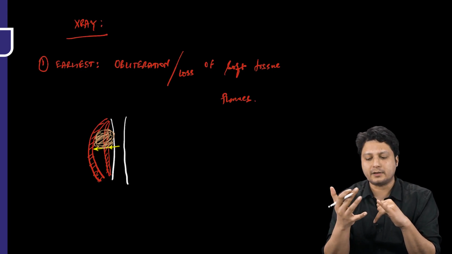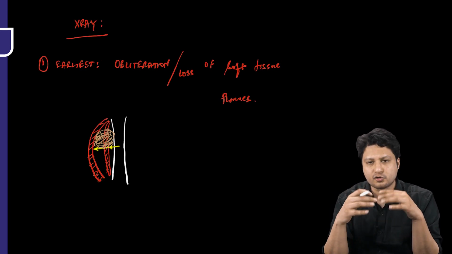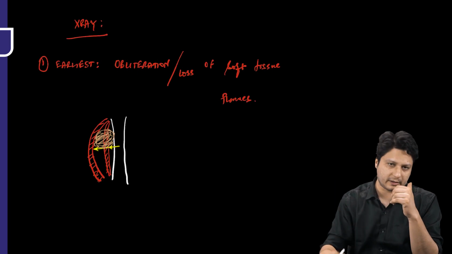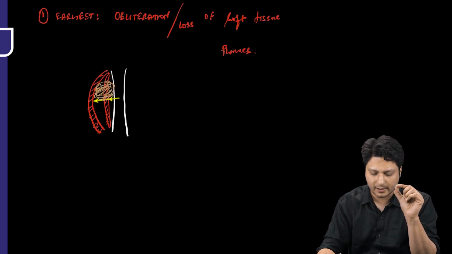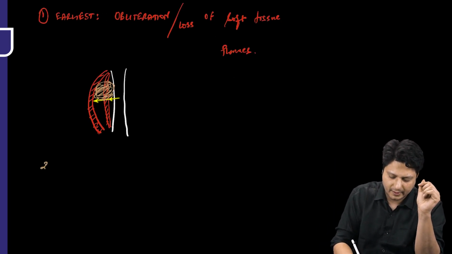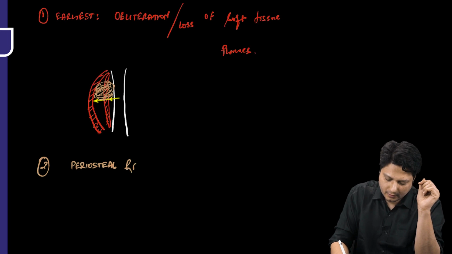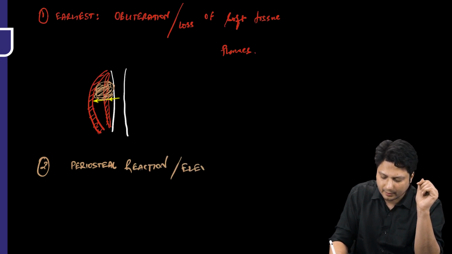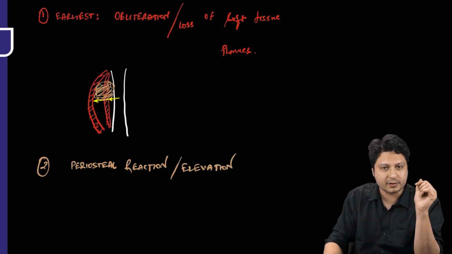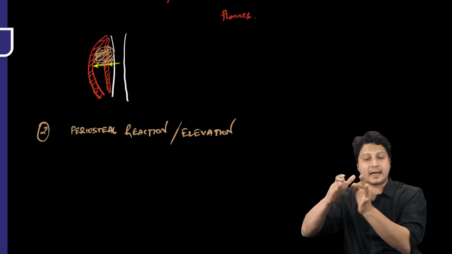All right. So that is considered to be the earliest X-ray finding, which is obviously only suggestive that the patient could be suffering from acute osteomyelitis. Now, the more important X-ray finding is that there will be a periosteal reaction or elevation. All right. Actually, it is a periosteal reaction which leads to elevation, but it will take some time for its appearance.